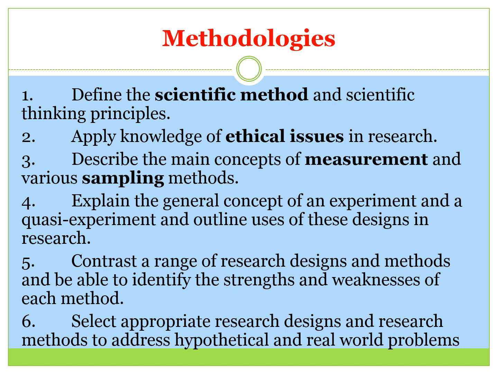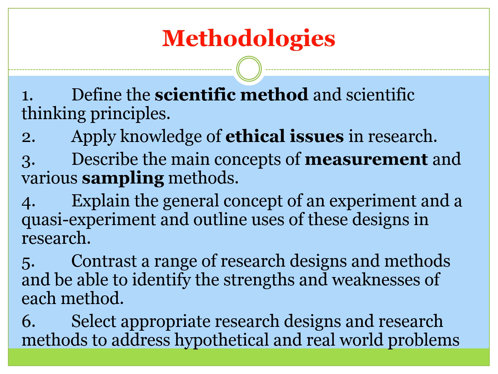So how do you choose a correct methodologies? You need to define the scientific method and scientific thinking principle in doing research. Describe the main concept of measurement and various sampling methods.